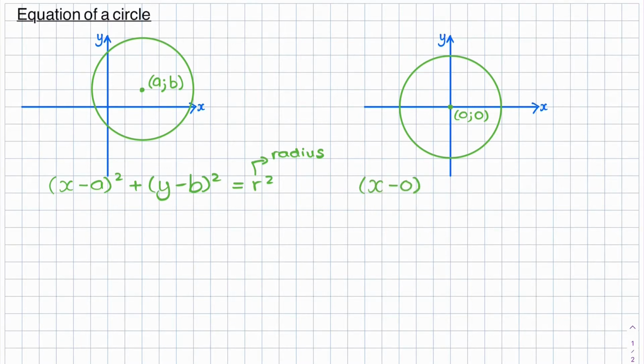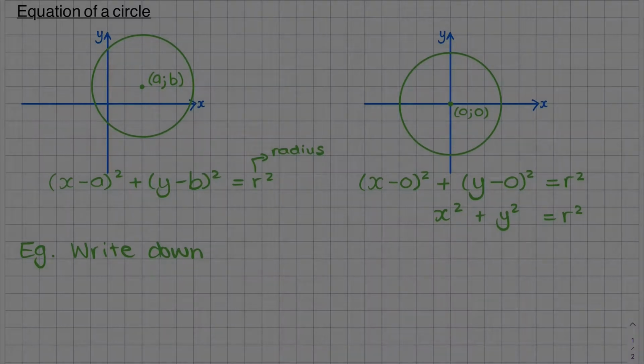So a is equal to 0, and b is equal to 0. And when we simplify this, we have x squared plus y squared is equal to r squared. That's the simplest formula for the circle, and it's what it will always look like when we have the center of the circle at the origin.